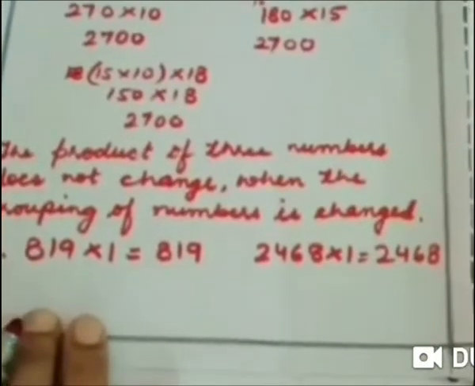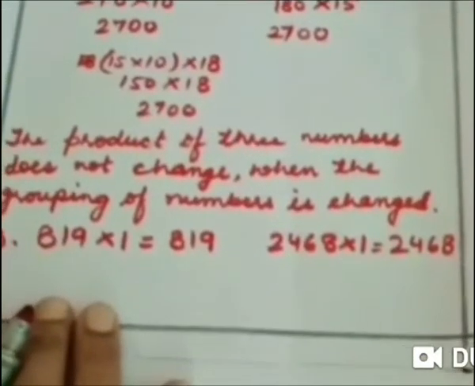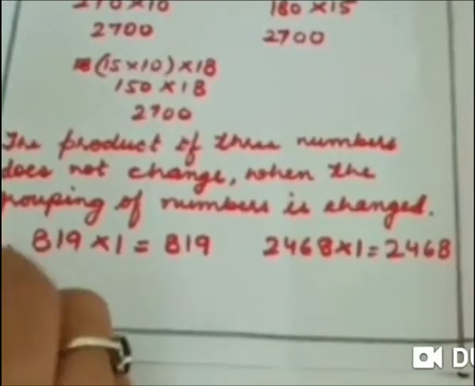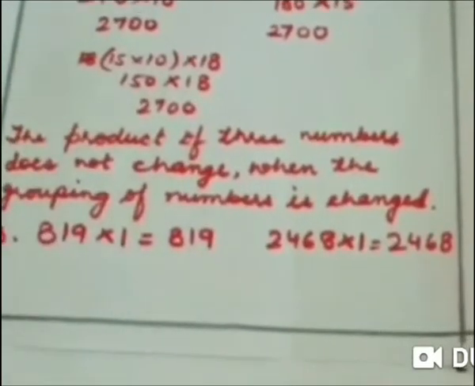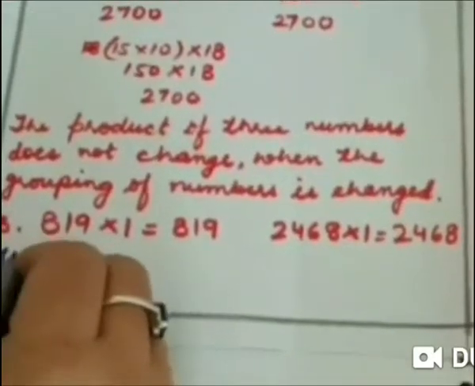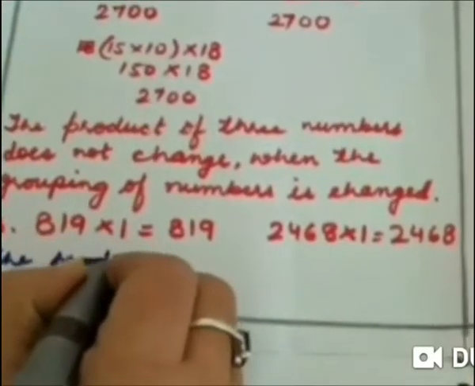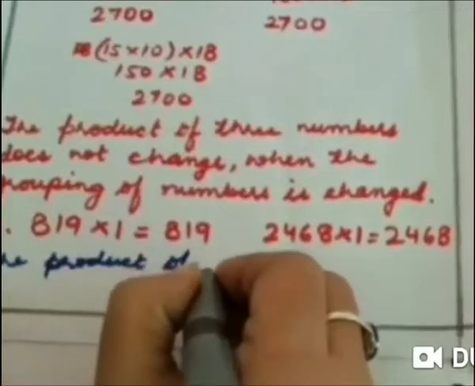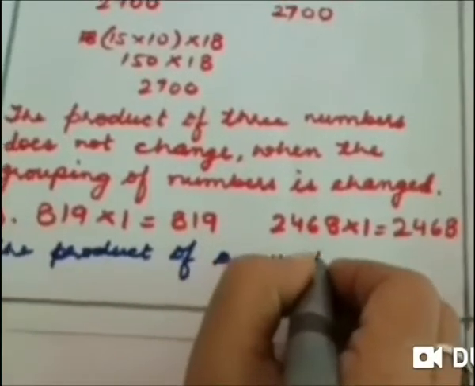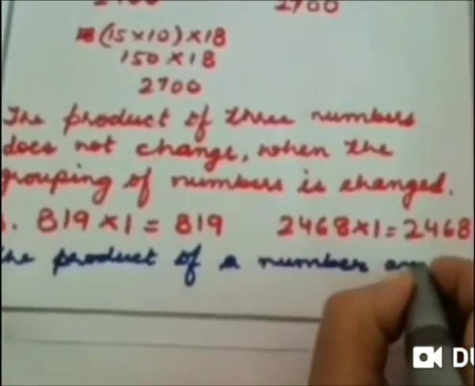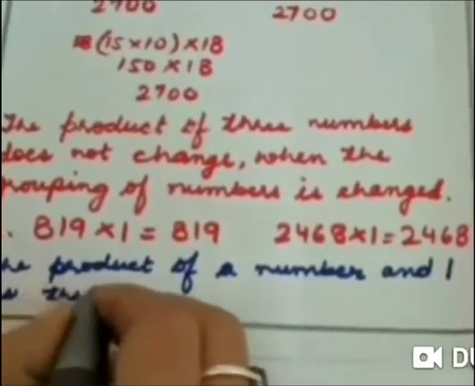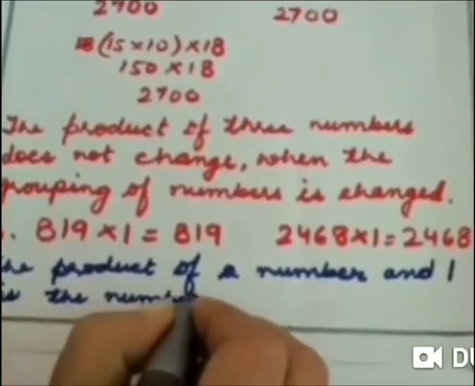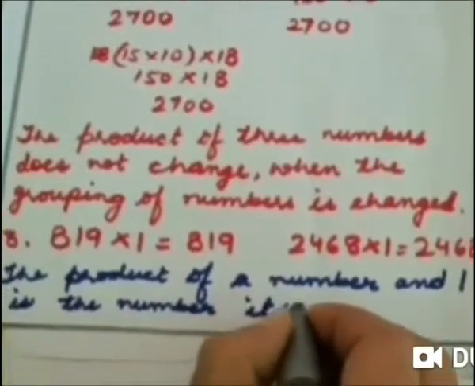That whenever we multiply a number by 1, the product is the number itself. So we will write it as the product of a number and 1 is the number itself.